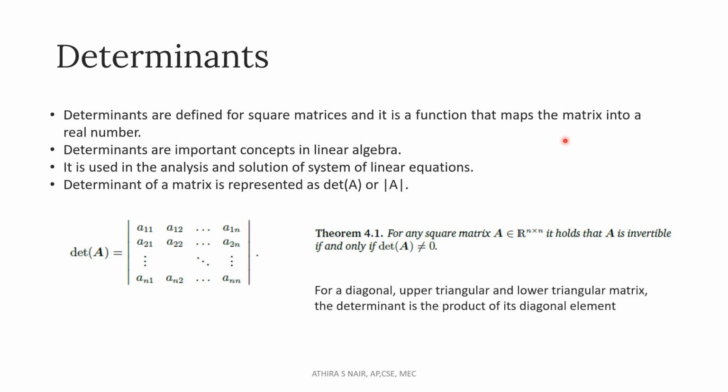And I have already said that determinants are only defined for square matrices, that is, matrices with the same number of rows and columns. So we write the determinant with entries A11, A12, etc., A1n, A21, A22, etc., A2n, etc., An1, An2, etc., Ann. We can represent the determinant as det(A) or A within two vertical bars.